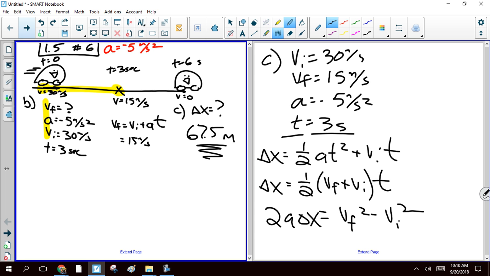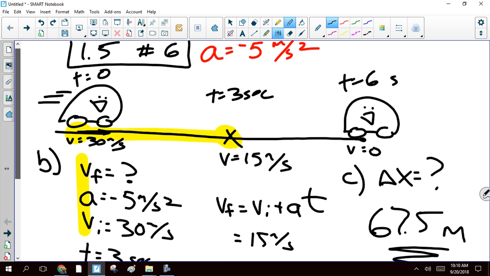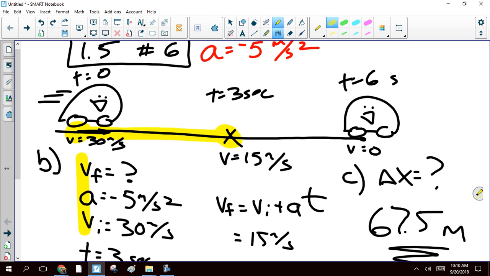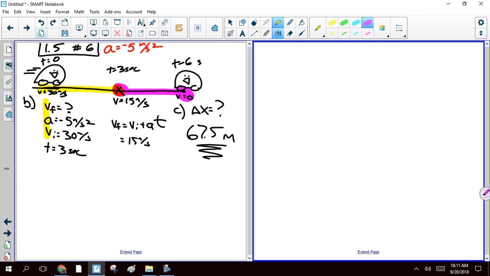All right, part D wants to know how far it goes in the last 3 seconds. So between here and here, how far does it go?